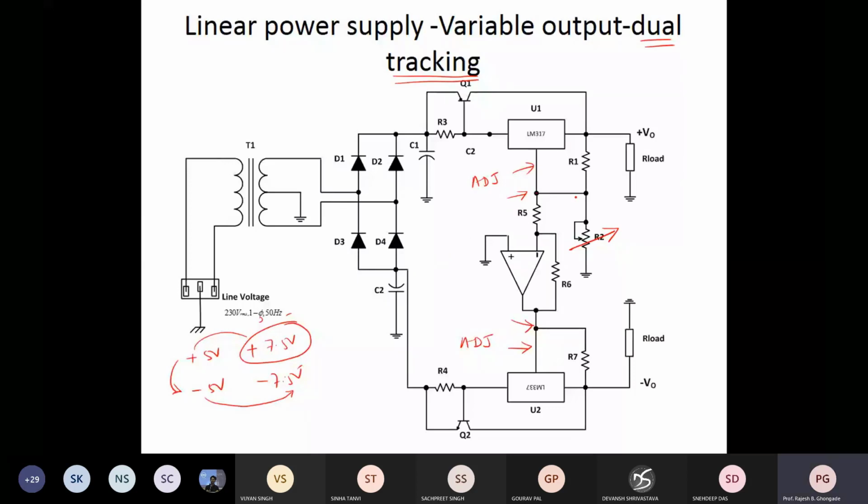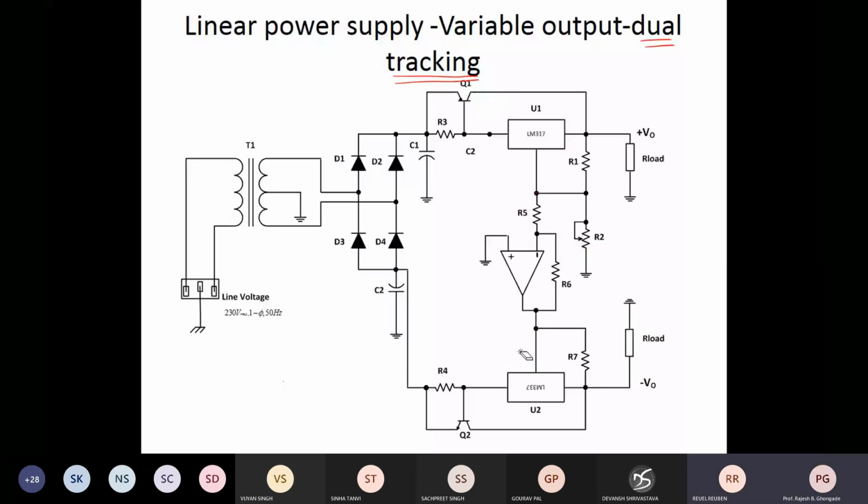So how is it getting adjusted? There's an op amp in the center, so I'm not understanding that part. Okay. So basically, have you understood the necessity, I mean, what exactly is a dual tracking power supply? Yes, sir.